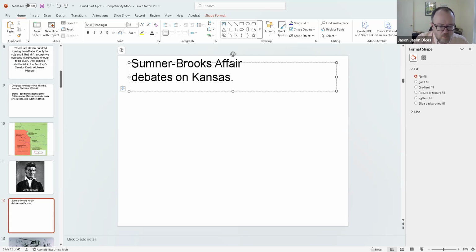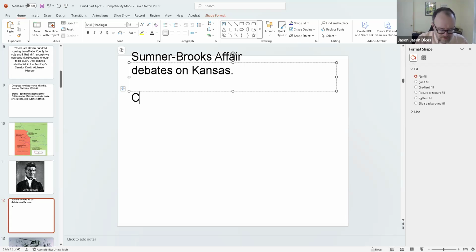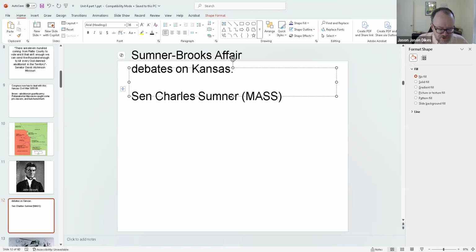And one speech was given by Senator Charles Sumner from Massachusetts, so an abolitionist. In the course of his speech, he called slavery a harlot, which doesn't really hit with the kind of impact it would have in the 19th century.